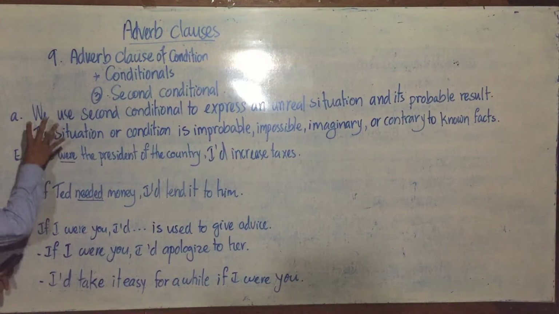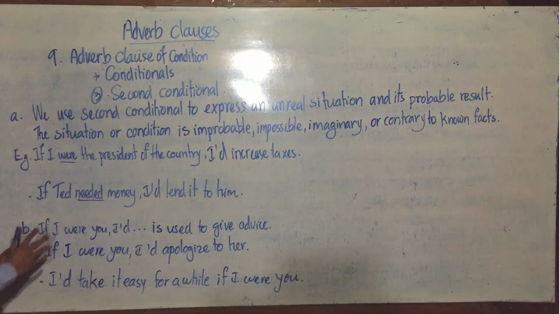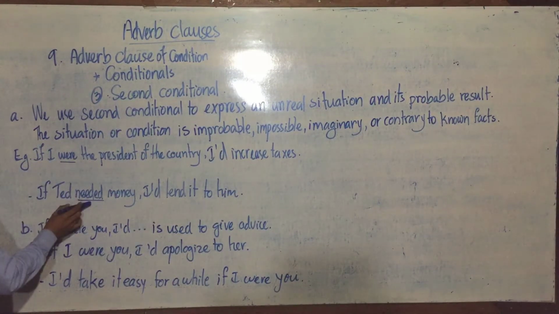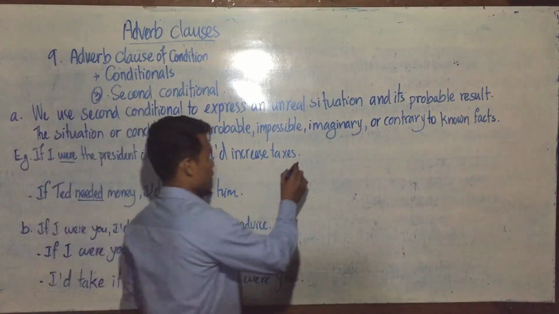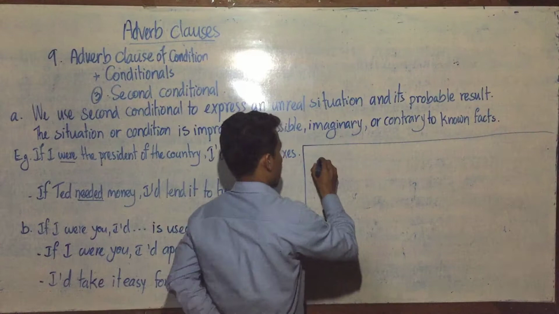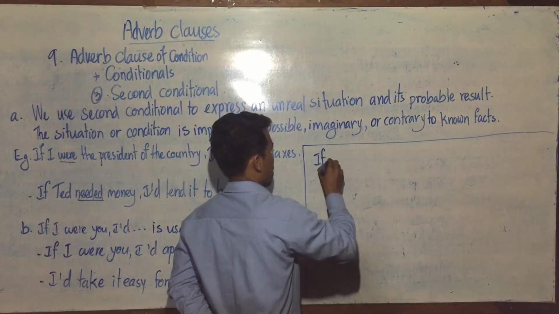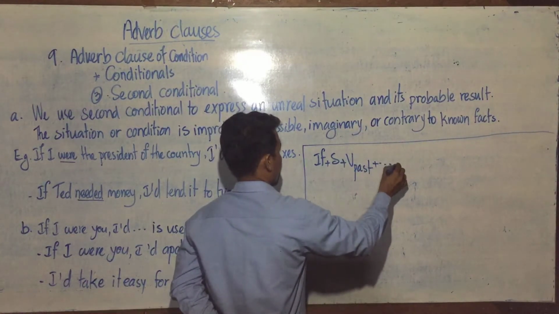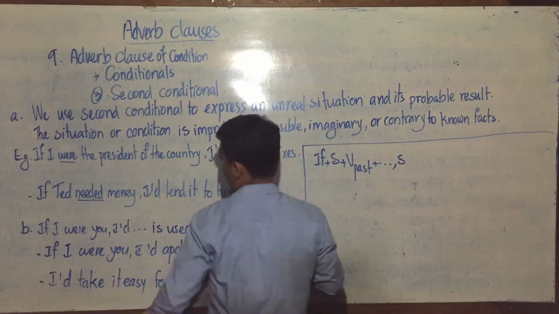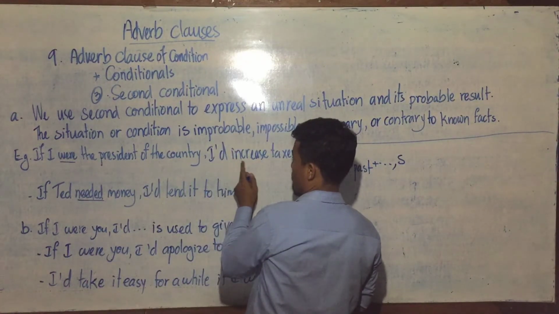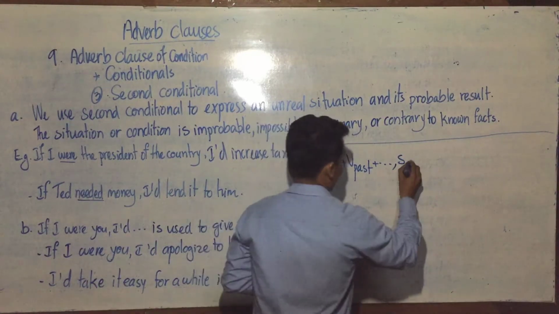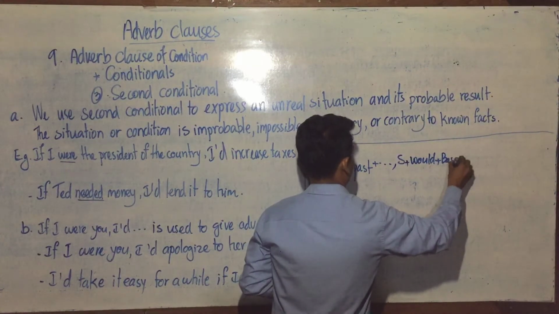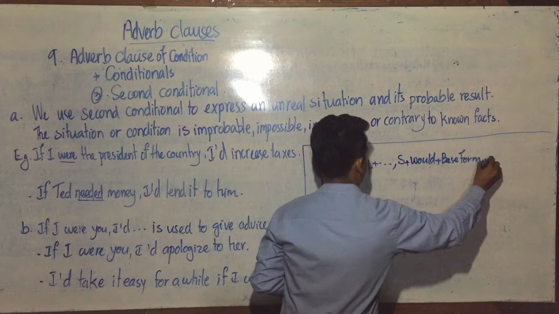It is okay. According to the examples, we can make the form: after if is subject, verb in the past. So we can write the second conditional form: if plus subject plus verb past, subject would base form, blah blah blah.